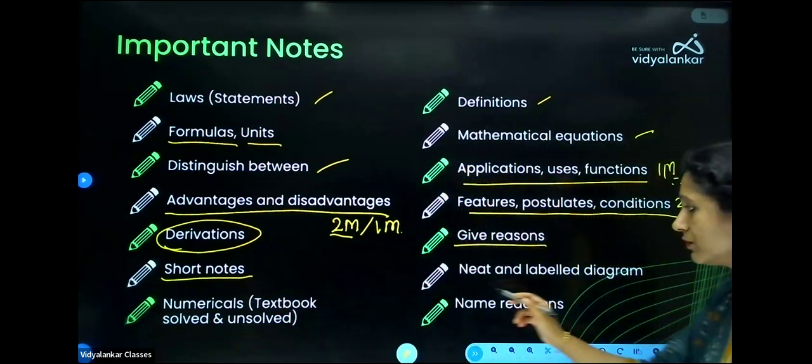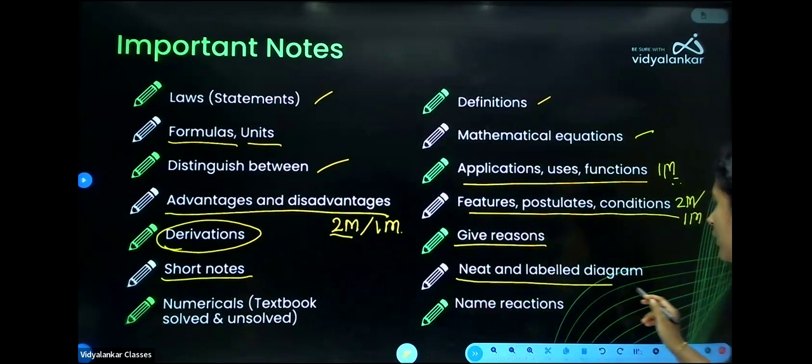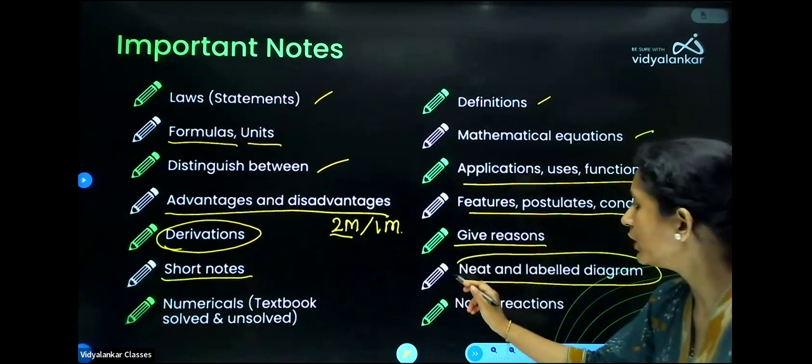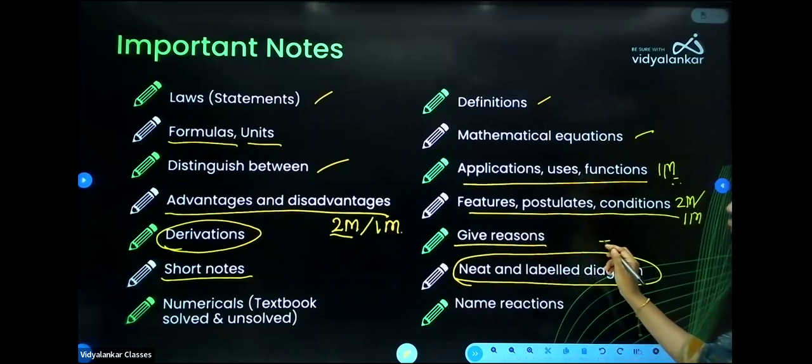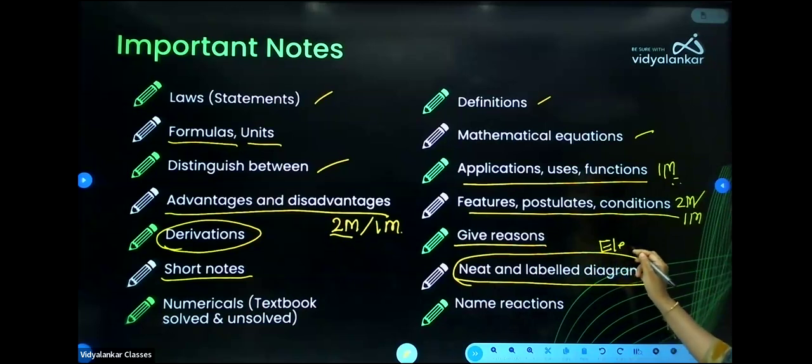After that, again very much important, if you refer to previous 5 to 6 year of question paper, you will definitely find 2 mark of neat and label diagram which belongs to electrochemistry. So do not skip any of the diagrammatical representation given in the chapter electrochemistry.